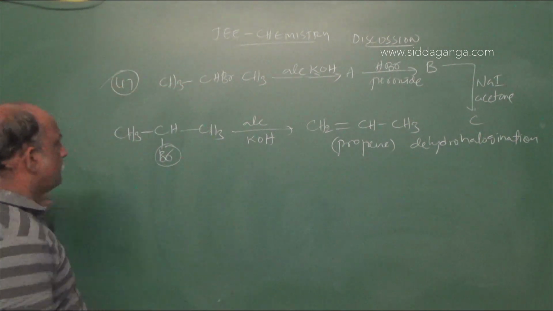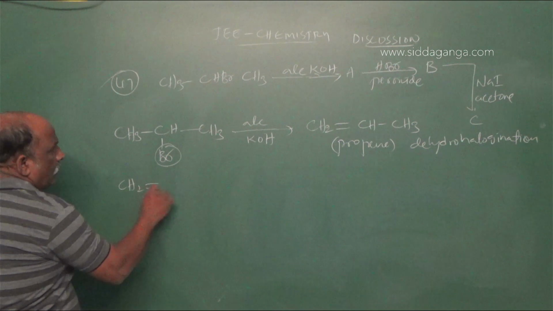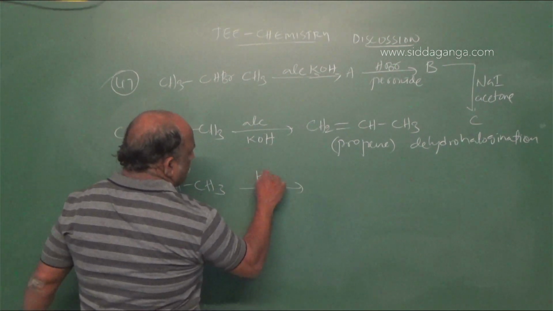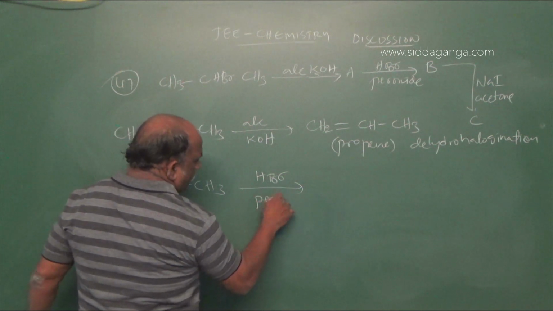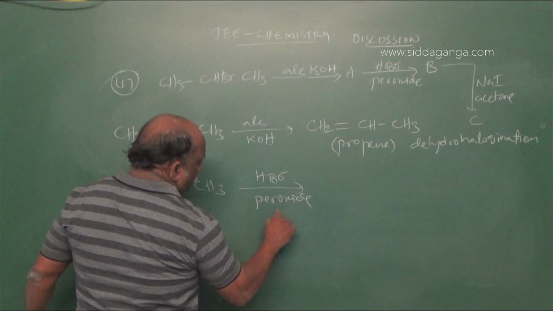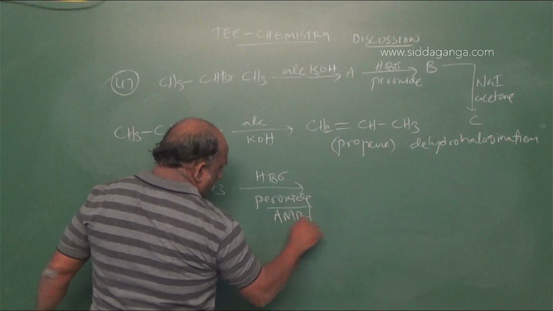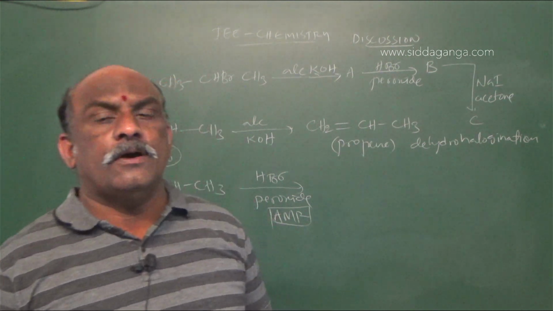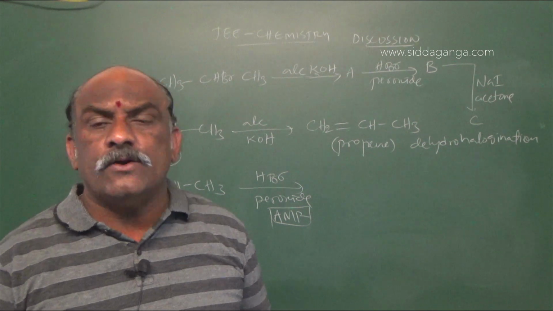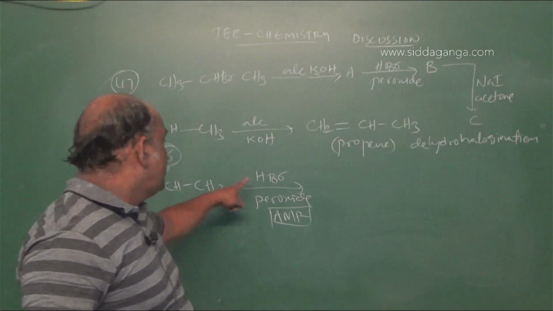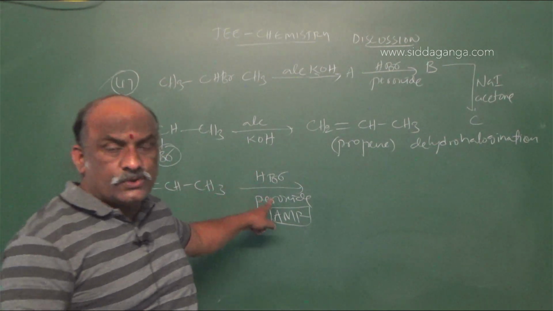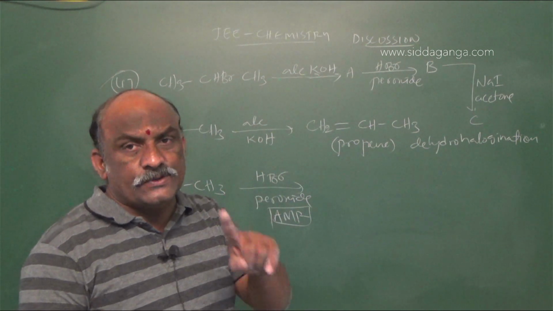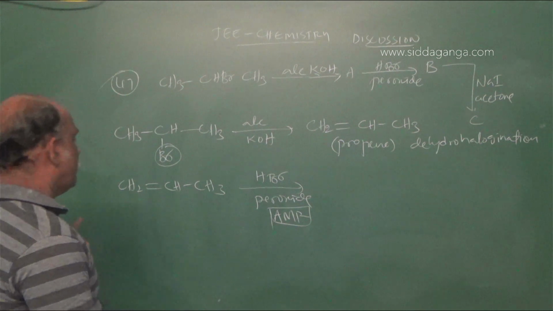And in the second step, CH2 double bond CH CH3 adds HBr, and peroxide was given. You should go with the anti-Markovnikov rule. The anti-Markovnikov rule states that the positive species goes to the carbon with fewer hydrogens and the negative species goes to the carbon with more hydrogens.